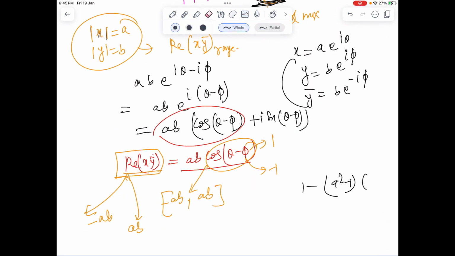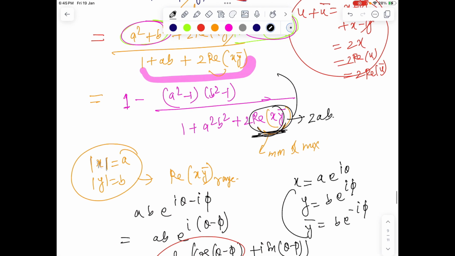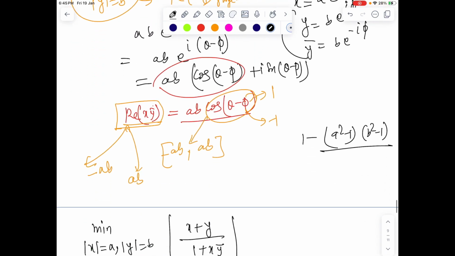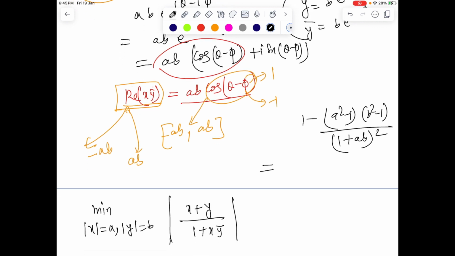1 minus a square minus 1 into b square minus 1 by 1 plus a square b square plus 2ab. So that is 1 plus ab whole square. And this you can simplify, so that's mod z square.